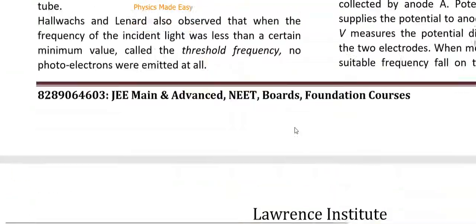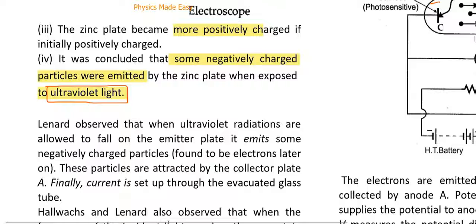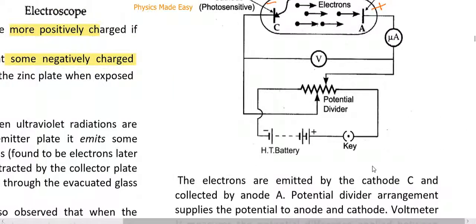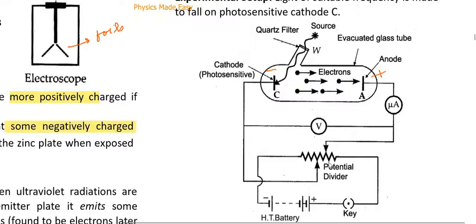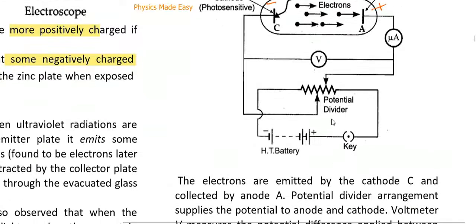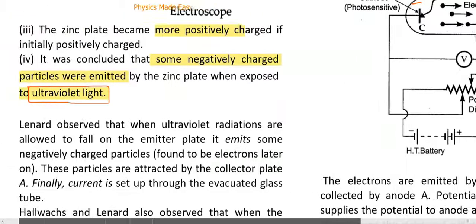For this study we have the apparatus: cathode, anode, source of light, electrons are emitted, and the photocurrent is measured by a microammeter. We can vary the potential difference between cathode and anode by making use of a potential divider arrangement.